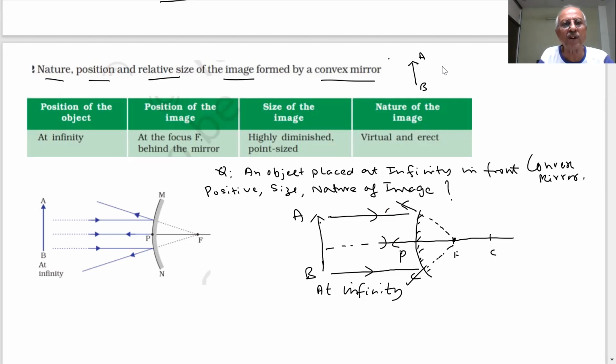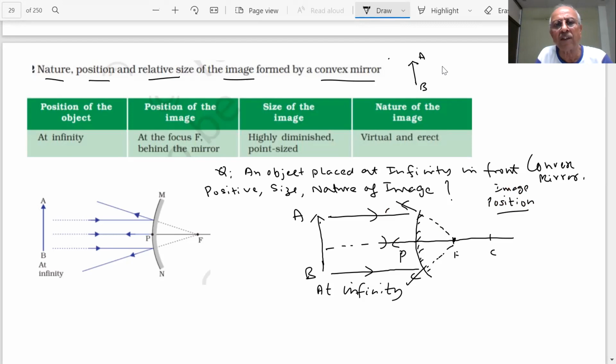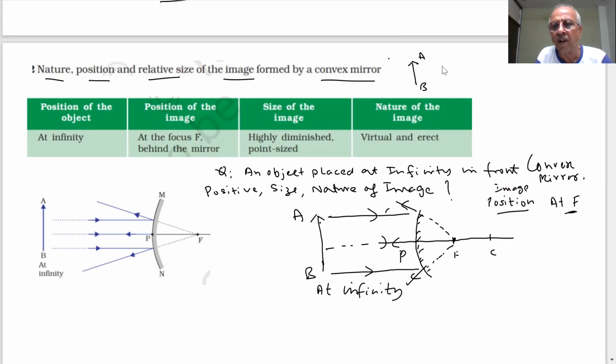So what is our answer, student? When the object is at infinity, where is the image formed? Tell me. What is the position of the image? Where is it? At the focus, at F. This is where the image is formed. What type of image is this?